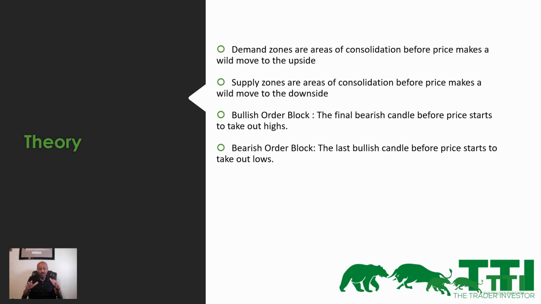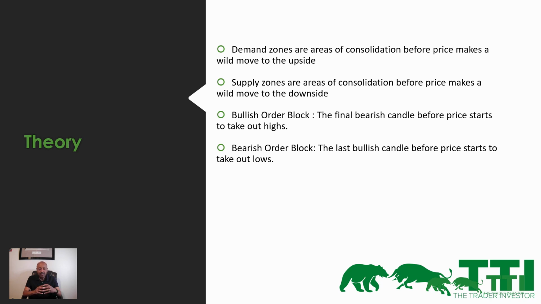This is why I want to focus on the demand zone, the bullish order block in an uptrend, because price could hit a bearish order block, reverse very momentarily for a small amount of size, and continue its bullish trend. So I don't want to play in that area. I just want to take advantage of the bullish order block and demand zone in a bullish market, and vice versa in a bearish market, take action on a bearish order block and a supply zone.